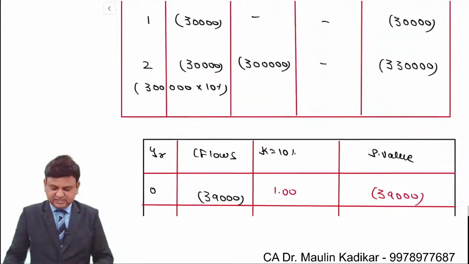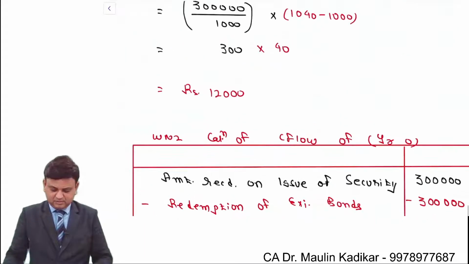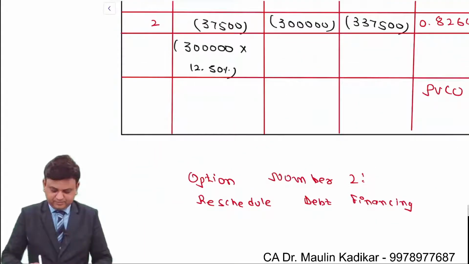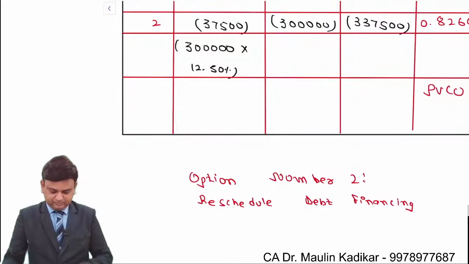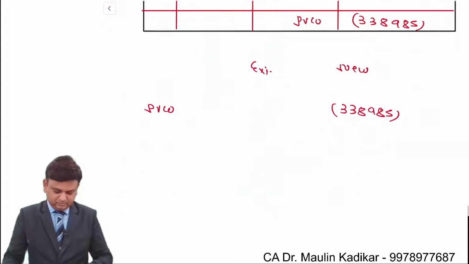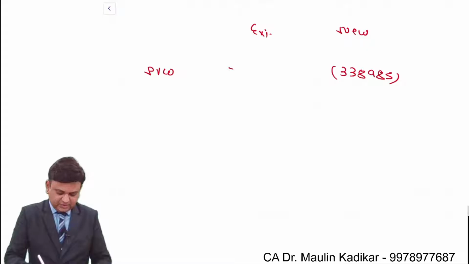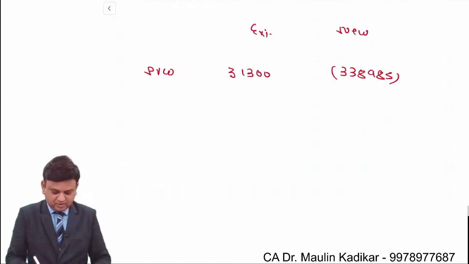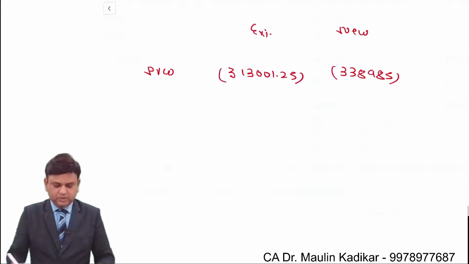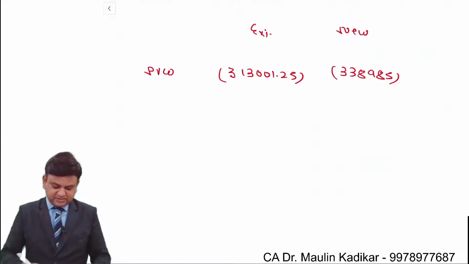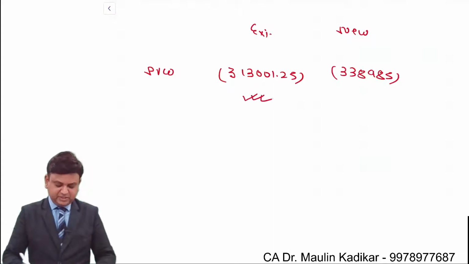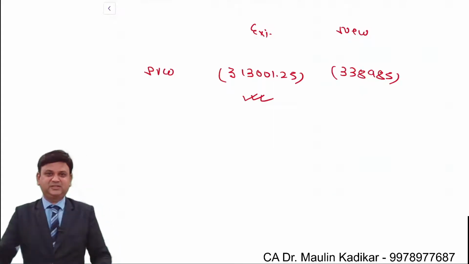And for existing debt finance it is 3,13,001.25. You make a comparison between both of them and you select the option which has the lower present value of the cash outflow, that is the existing one.